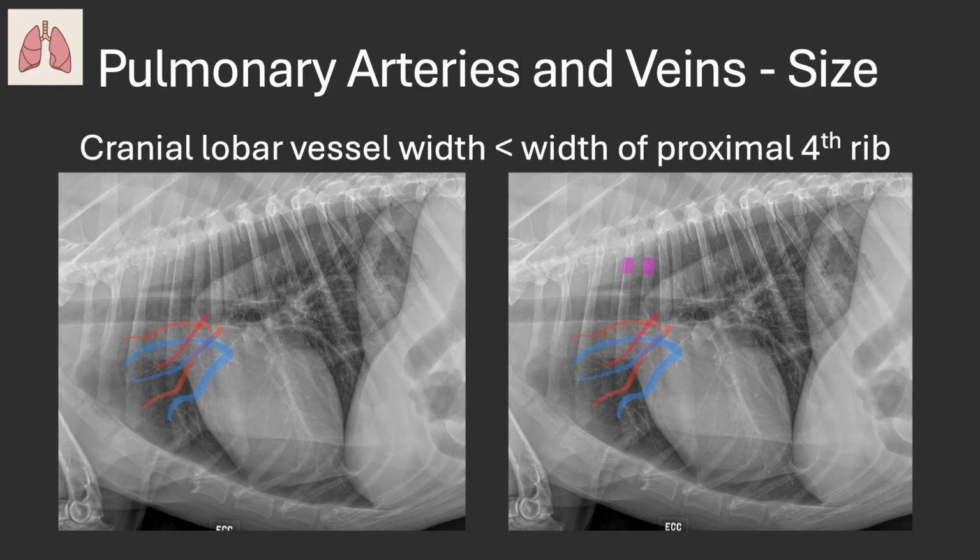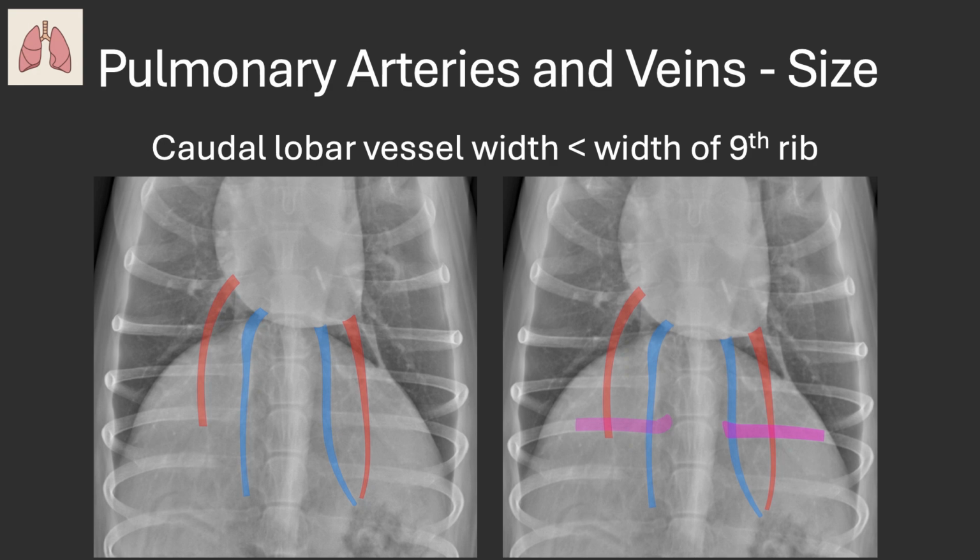The width of the vessel is usually narrower than the proximal fourth rib. On the dorsoventral and ventrodorsal views, the caudal lobar vessel width should usually measure less than the width of the ninth rib, where they are superimposed with one another, as noted by the pink highlighted region superimposed over the caudal lobar arteries and veins.